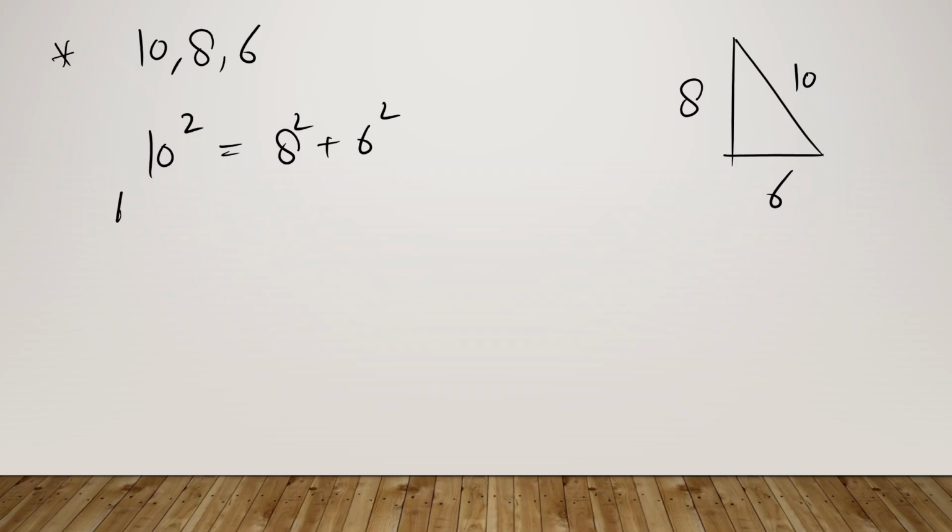If this LHS is equal to the right hand side, then we can say that this triangle, let us say it is XYZ, is a right triangle. Let us check it. The square of 10 is 100, and the square of 8 is 64 plus the square of 6, which is 36. When we add 64 and 36, it is equal to 100. So LHS is equal to RHS.